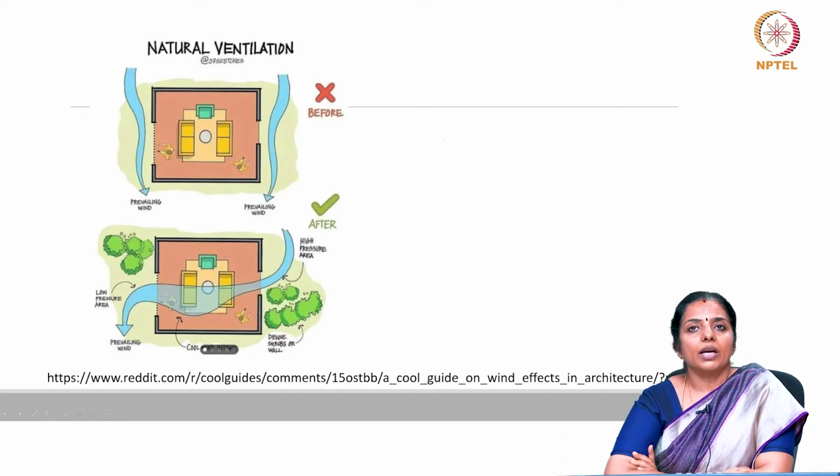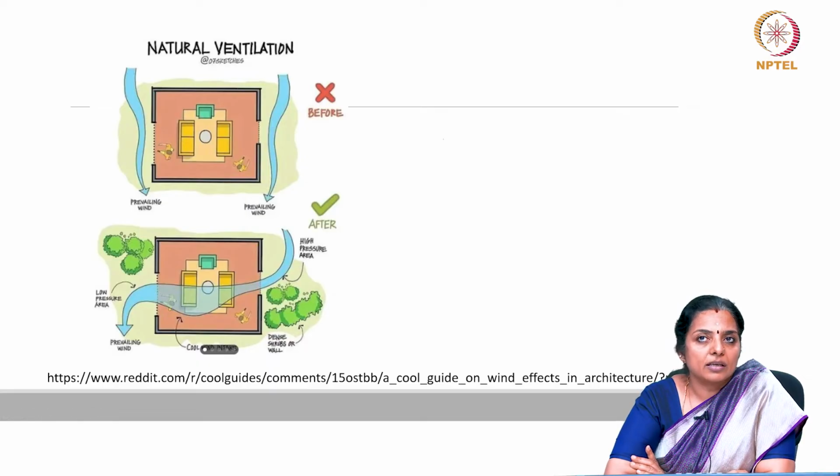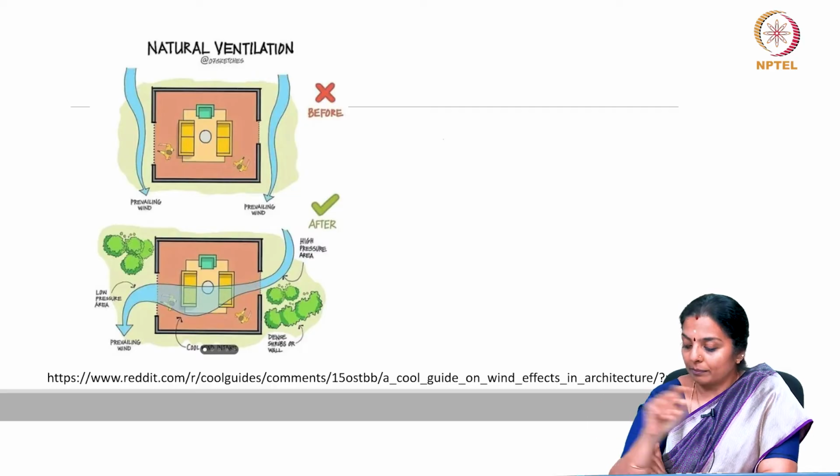Now, in hot dry climates, windows need to be appropriately shaded. It is preferable if they are small in area. Being a sunny zone, smaller openings would allow sufficient daylight.